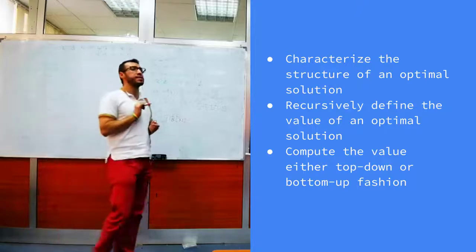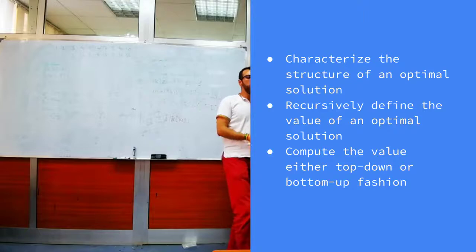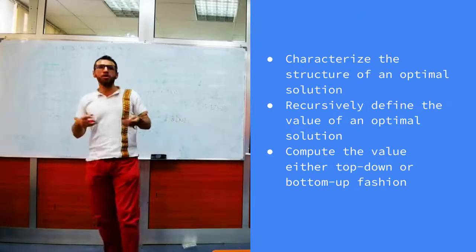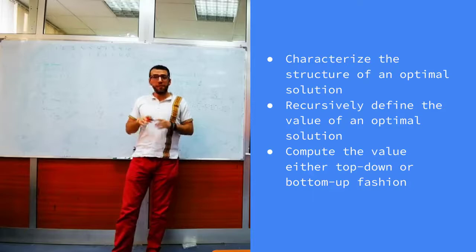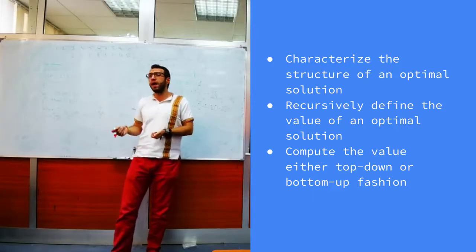So the first thing we should do is this. And then we should recursively define the value of an optimal solution. Meaning, we start from n, and then recursively we make calls for our subproblems: n minus 1, n minus 2, n minus 3, and so on. We don't know which ones are needed. There can be some problems which skip some of the subproblems.